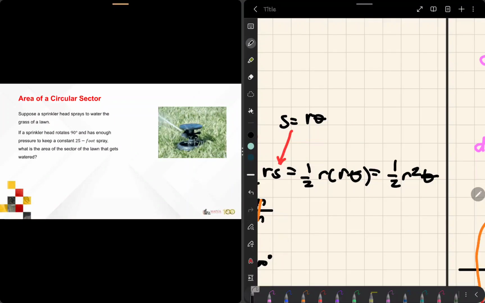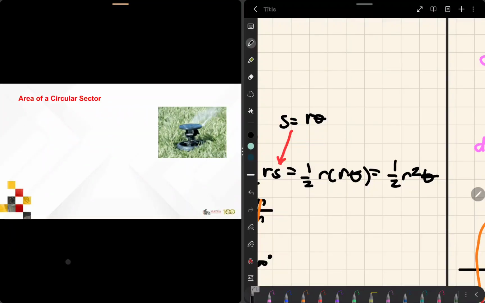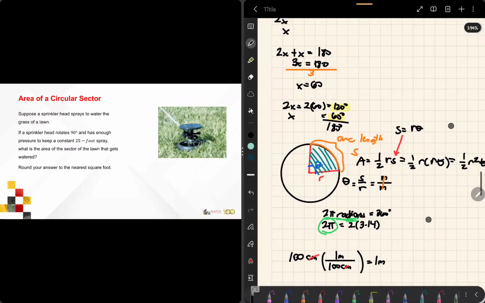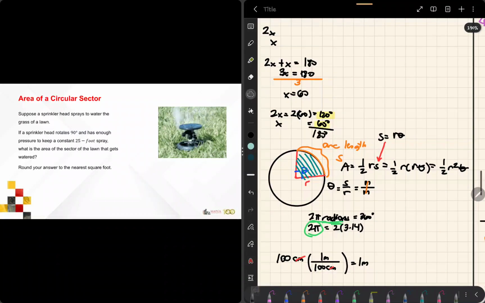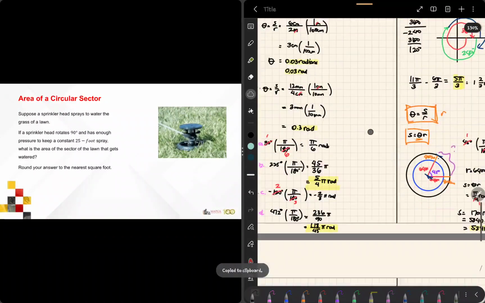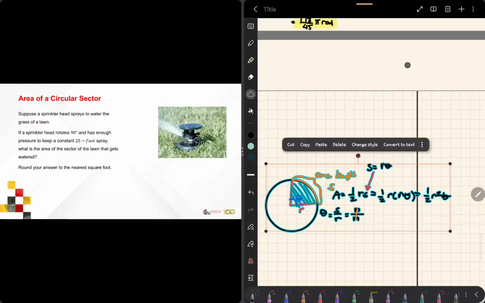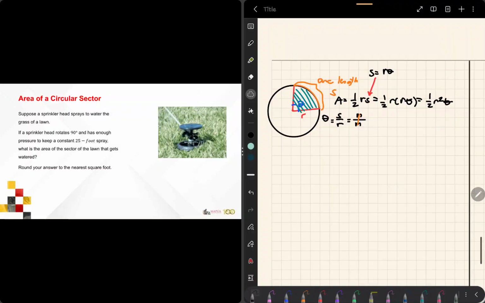Now we are tasked with this problem, so let us copy this part so that we will have a guide. It states: suppose a sprinkler head sprays water to water the grass of a lawn.